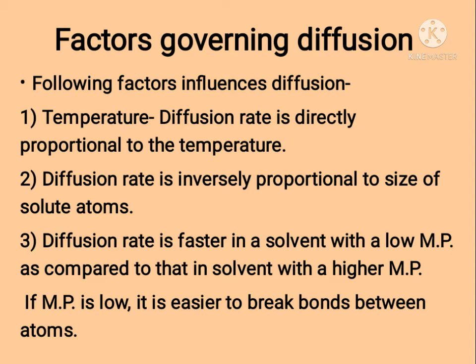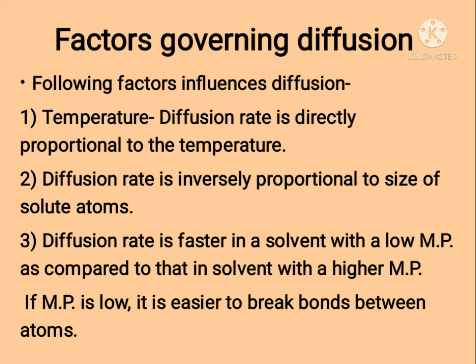The next point is factors governing diffusion. See one by one. The first factor is temperature. Diffusion rate is directly proportional to the temperature. As temperature increases, diffusion rate increases. As the size of solute atoms is small, the diffusion rate is high.